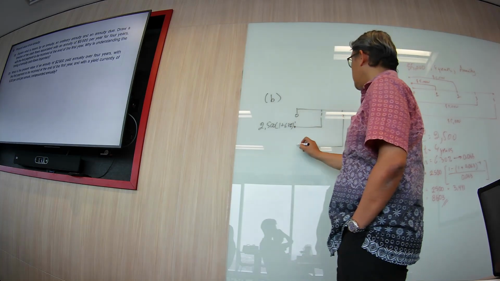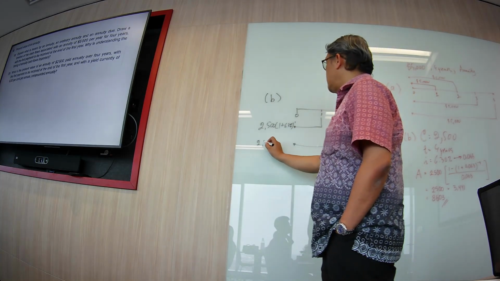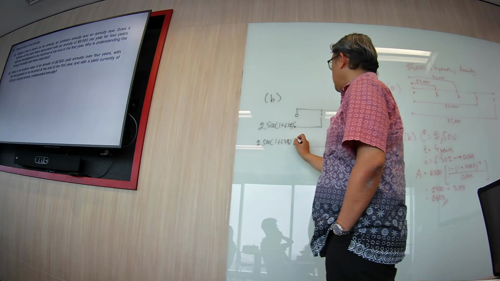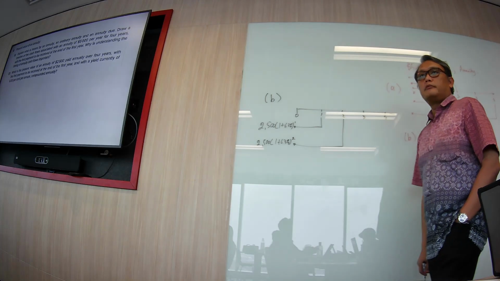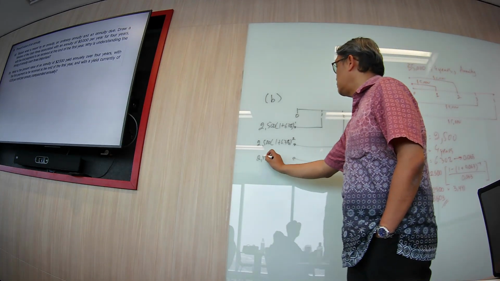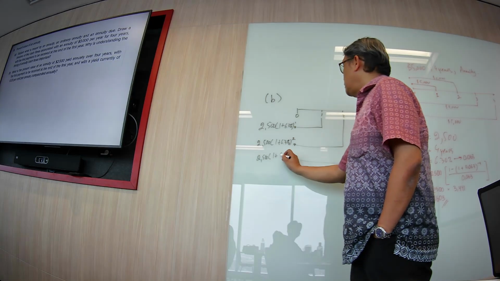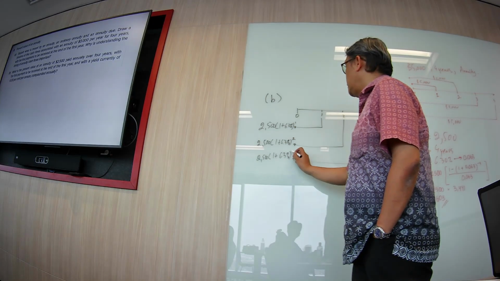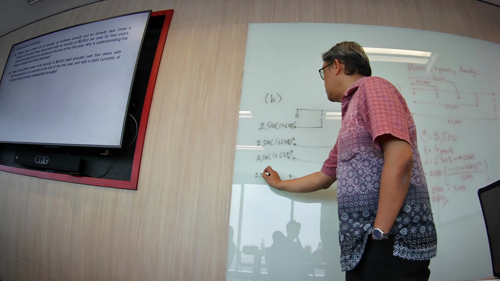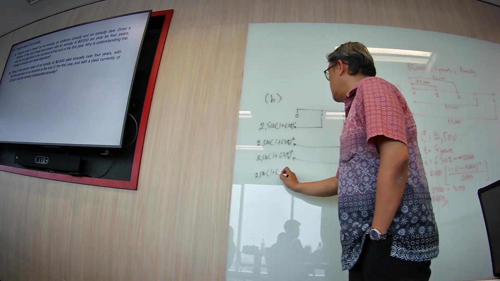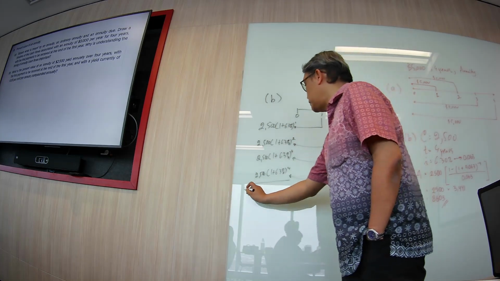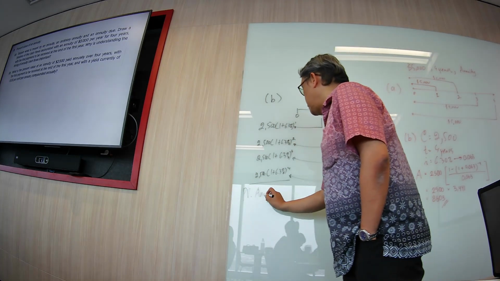And then the second one, 2,500 over 1 plus 6.3% squared, right? Then the third one, same, 1 plus 6.3% cubed. Last one, 6.3% to the power of 4. So the total, this one is the present value of the annuity.